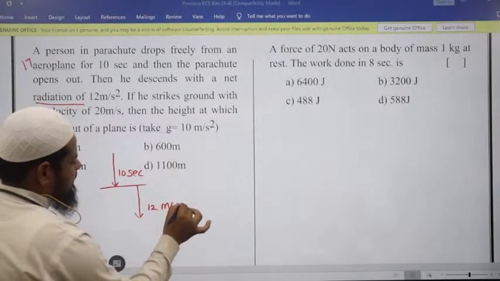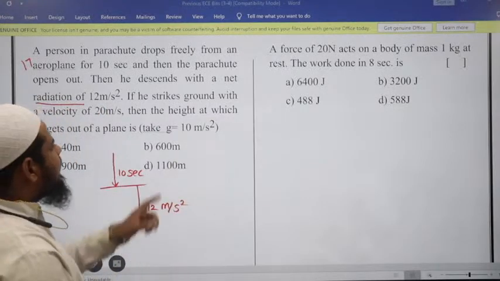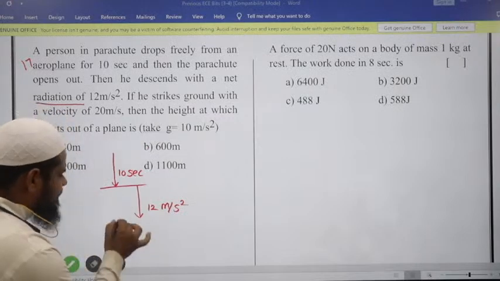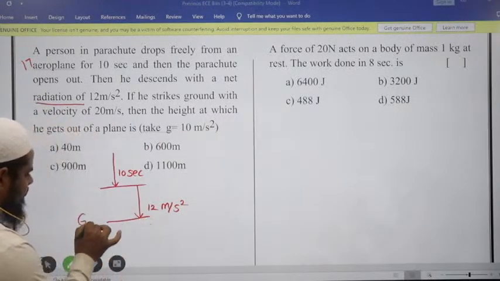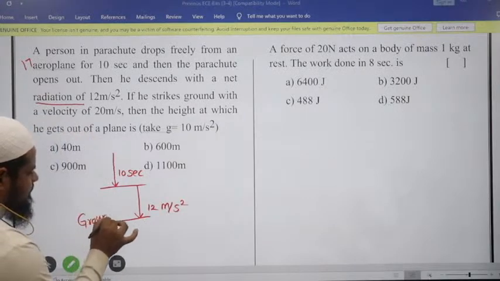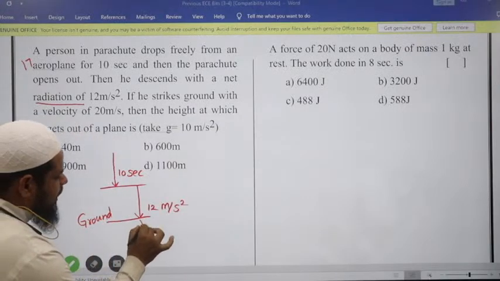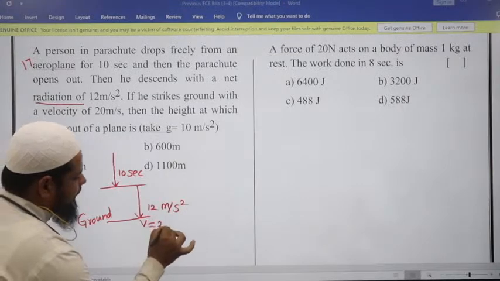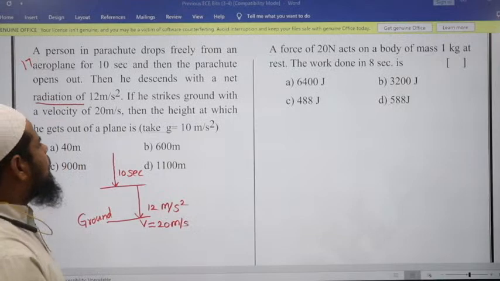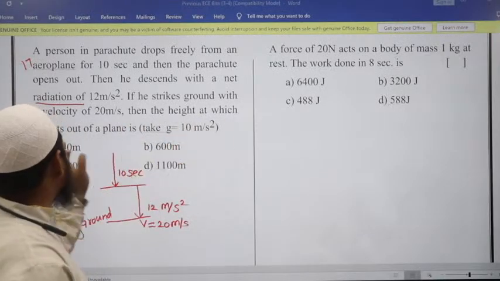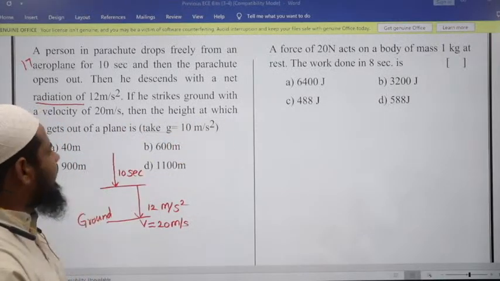If he strikes the ground with a velocity, at this point the final velocity is 20 meter per second. Then the height at which he gets out of the plane.